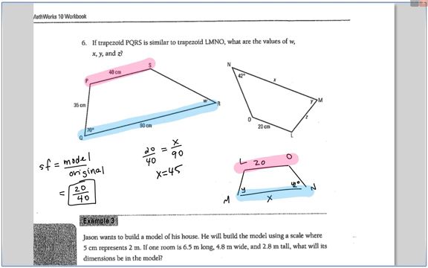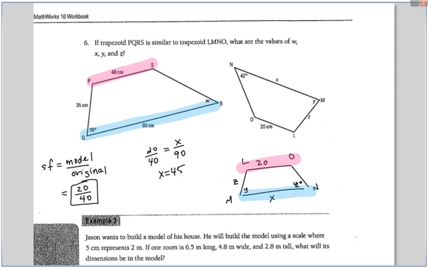And they want me to find Z as well. Z is on connecting M and L. So using my highlighter, ML goes with 35. And at this point I've realized that all that's happening is that you're dividing by 2, because the scale factor is 1/2.